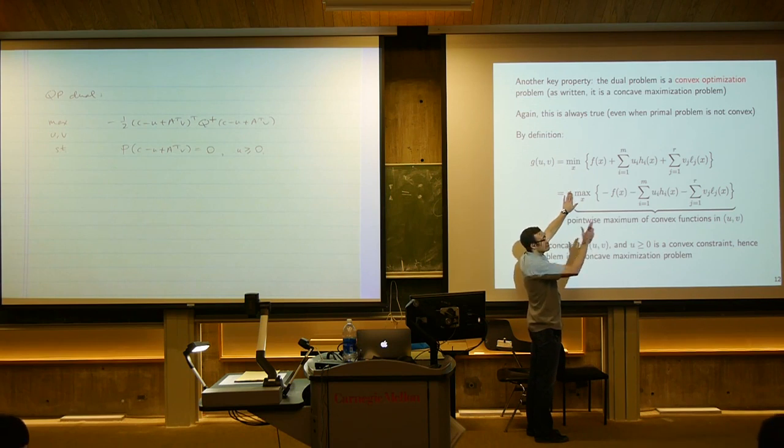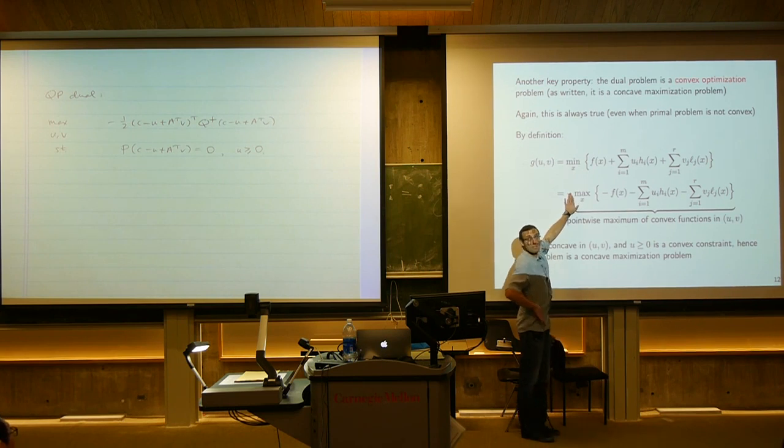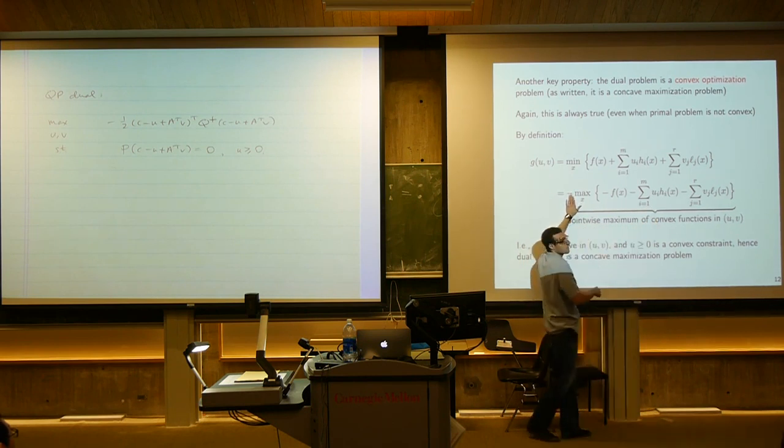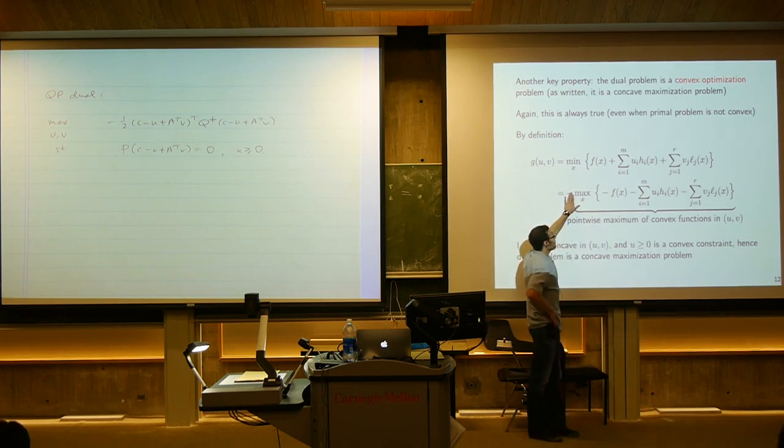The variable here is (u, v). What type of functions are those, for a fixed x, in u and v? Yeah, they're just affine functions. Just u_i times some constant, if I think of x as a constant, and v_j times some constant, plus a constant. So those are affine functions in u and v.